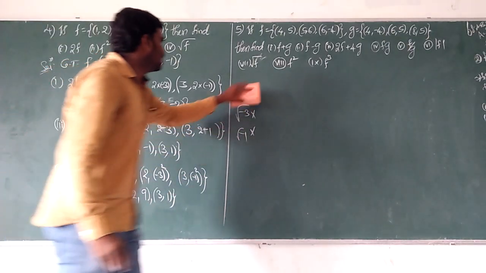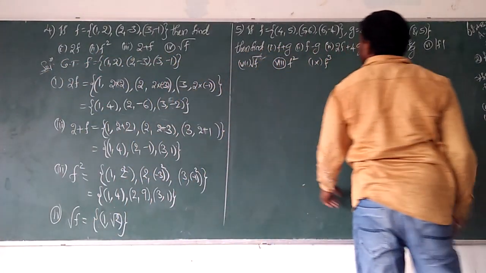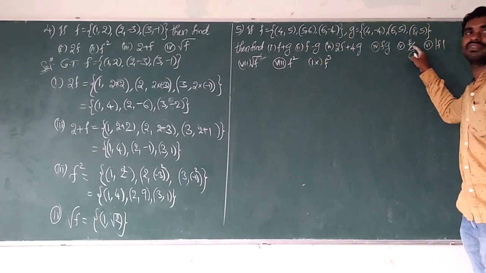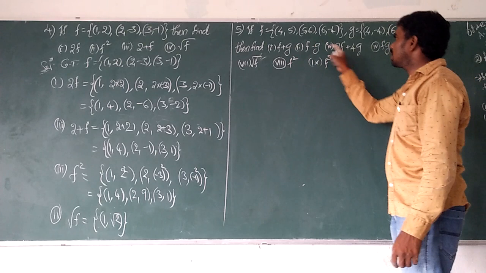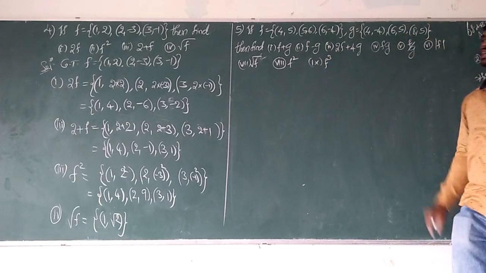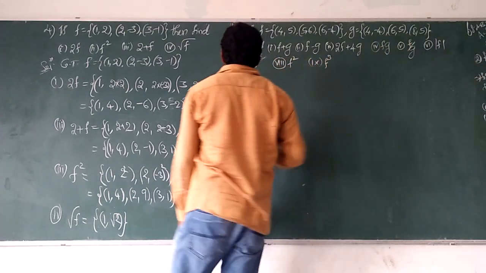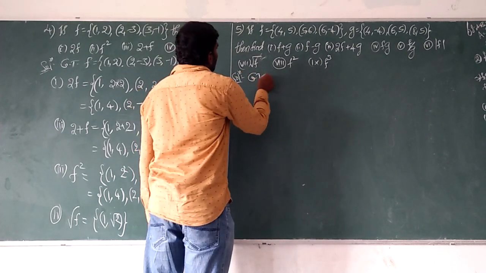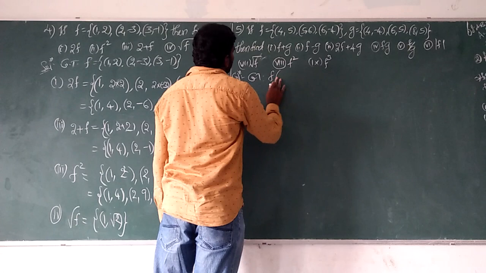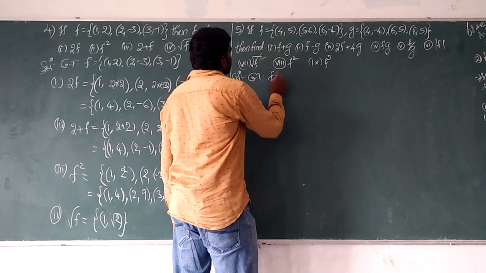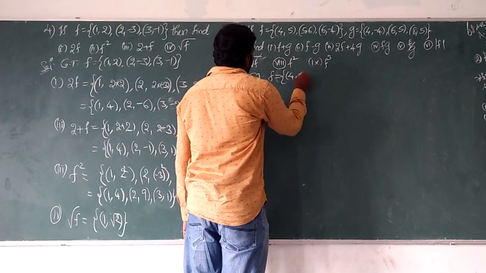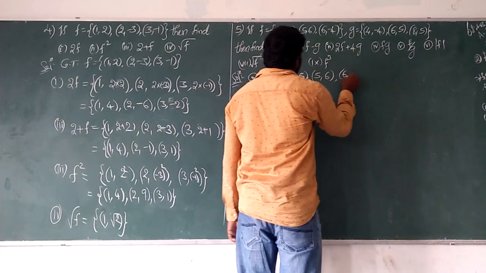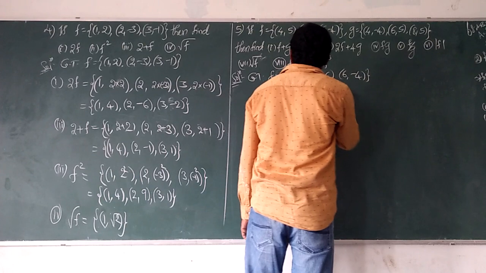And similarly, if two functions f, g are given, whenever two functions are given, how can we add and how can we multiply? How can we divide the functions? The solutions. First one, given that f equals the set of 4 comma 5, 5 comma 6, and 6 comma minus 2.